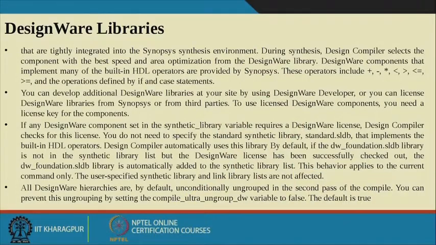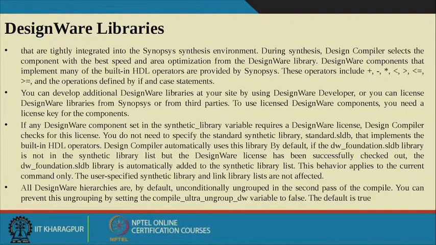But I do not have the corresponding multiplier itself. So, at that time the DesignWare library provides all these operators like plus, minus, adder, subtractor, multiplier, shifter, comparator, all these things.